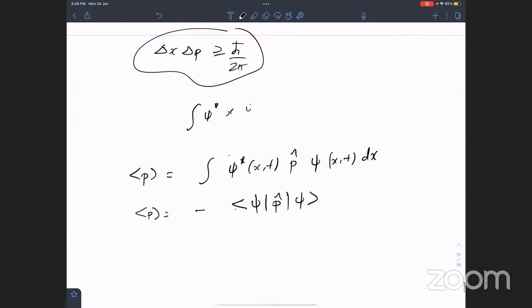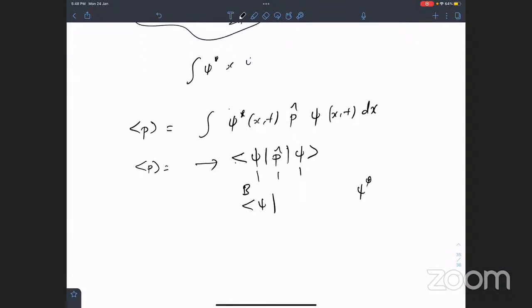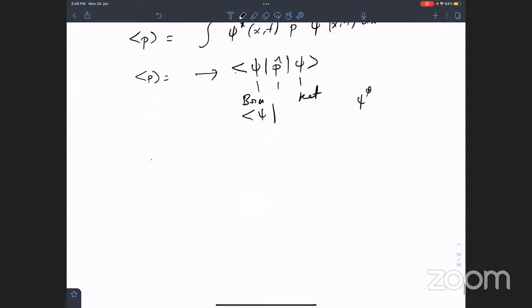This triangle tells me you are integrating. It tells me the order of integration. If I do something like that, it means it is psi star only. So this is called the bracket notation. Splitting the bracket, it's bracket notation. Okay, so in this notation, what is the expectation value of x? It is nothing but <psi|x|psi> divided by <psi|psi>.